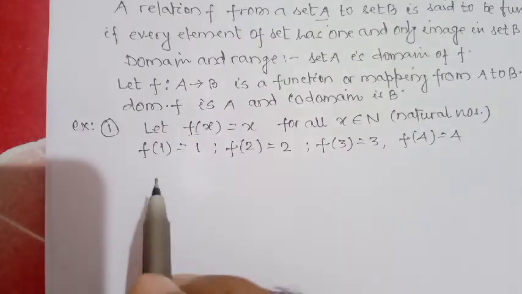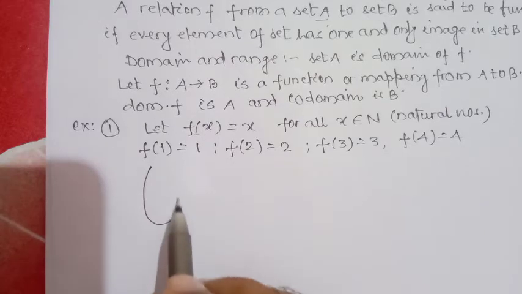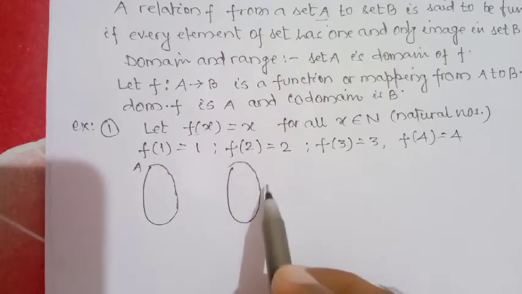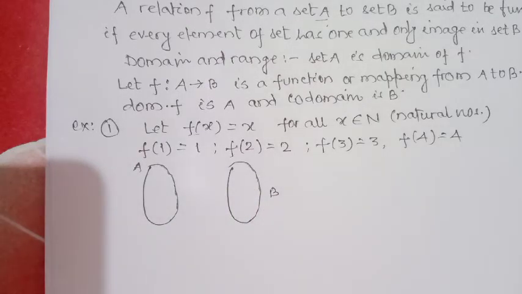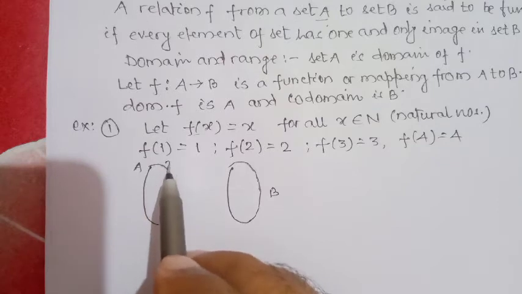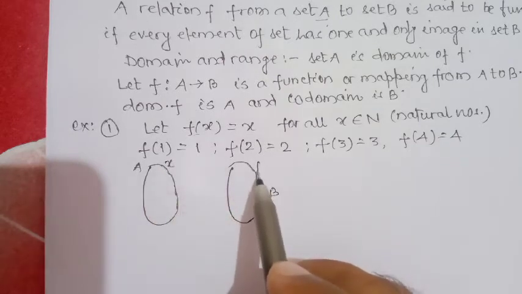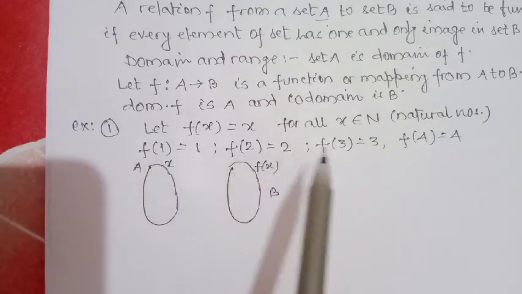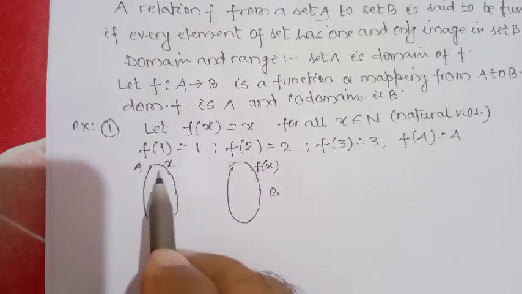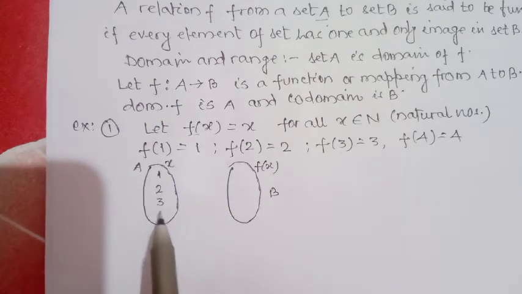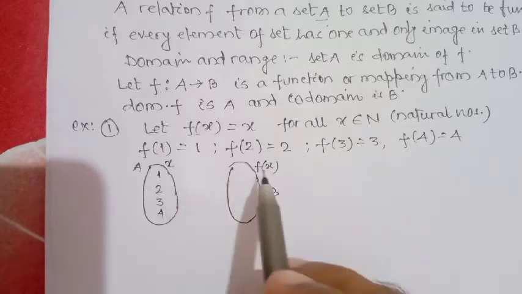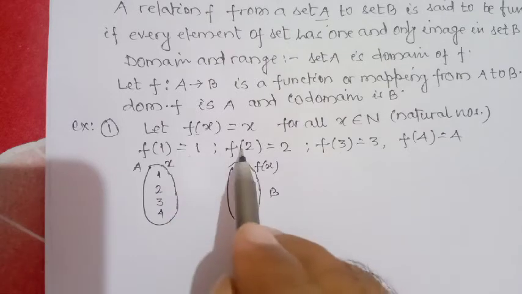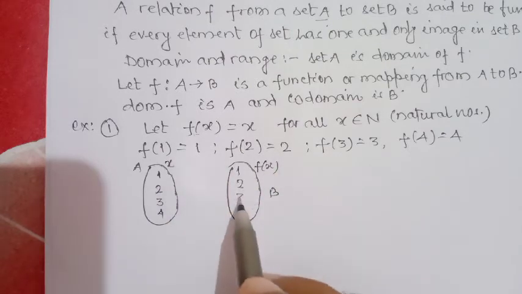Now construct two sets, set A and set B. This contains values of x and this contains values of f(x). These are the elements of set A, meaning 1, 2, 3, 4 and so on, and this contains f(1) which is 1, f(2) is 2, f(3) is 3, f(4) is 4.